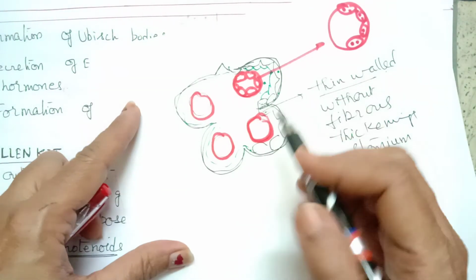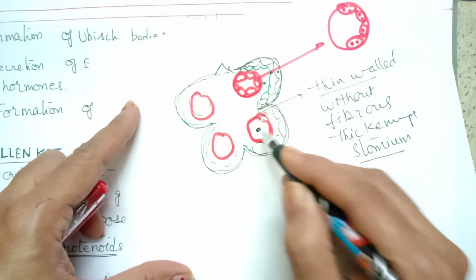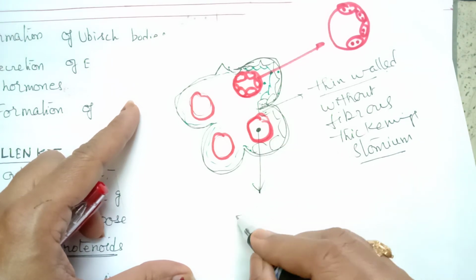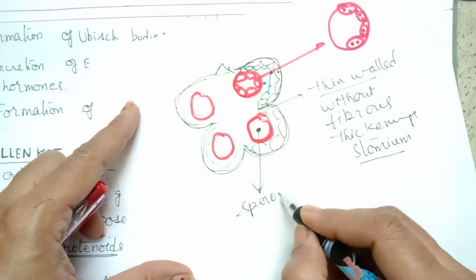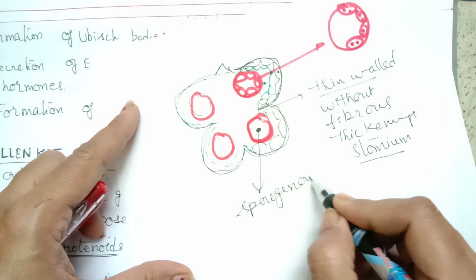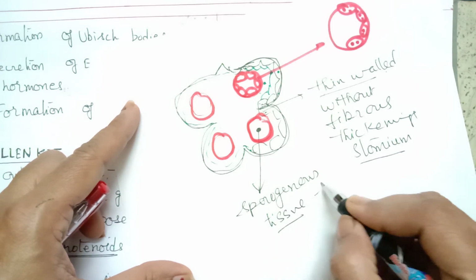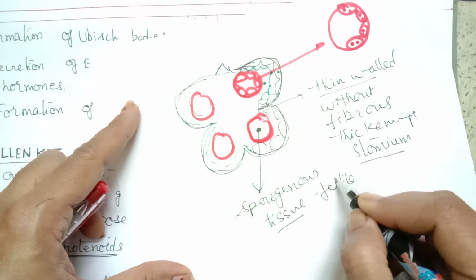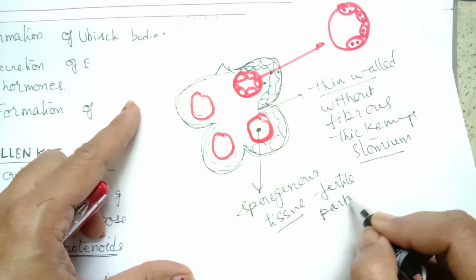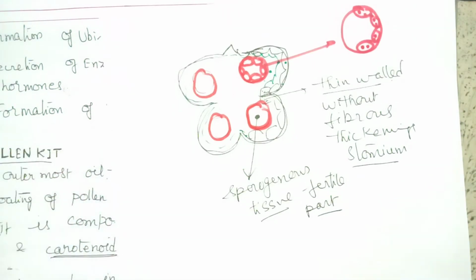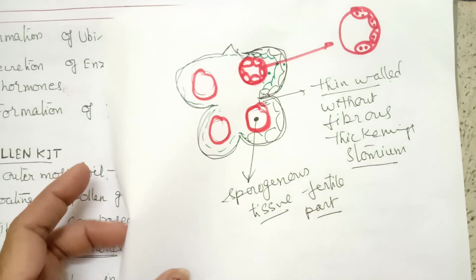This innermost part is the most important part of the anther, the fertile part of the anther, because this sporogenous tissue helps in the formation of pollen grains.